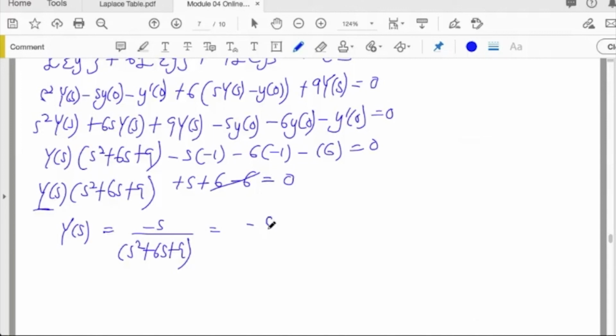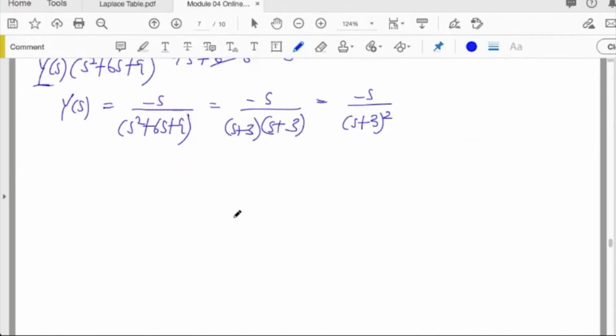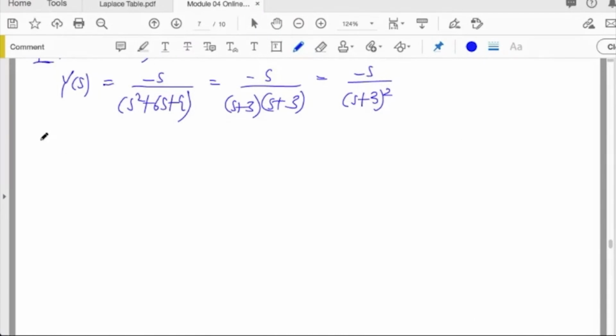You can further factor the denominator to become negative s over (s plus 3) squared. Next apply partial fractions. We have negative s over (s plus 3) squared.